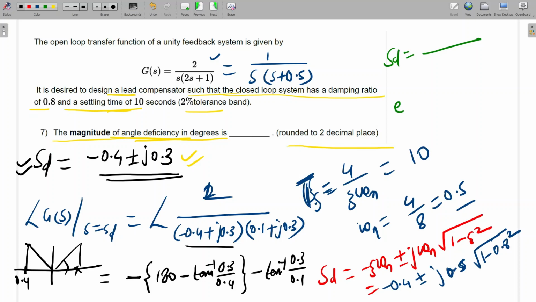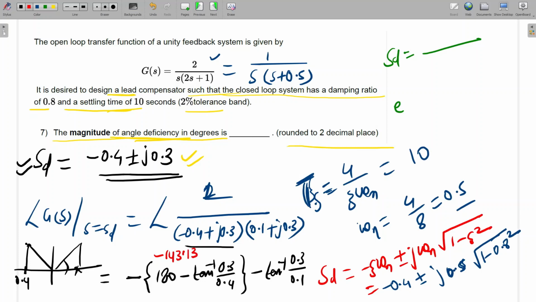So what will be this angle? I'm just calculating, you can also calculate. The angle will be minus (180 degrees minus tan inverse 3 by 4), which is minus 143.13.